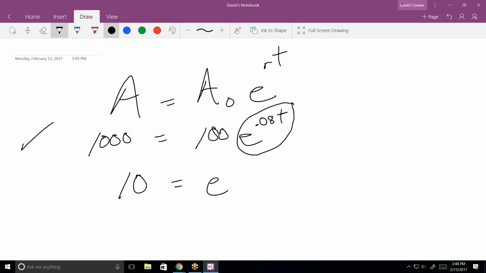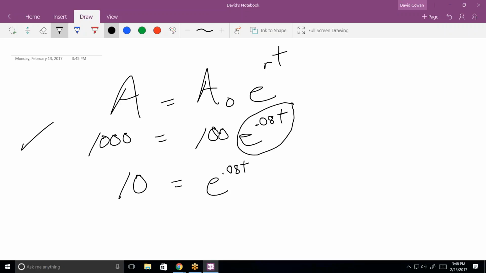And now I have to solve this problem. How do I do it? Turn it into a log. Well, you don't really turn it into a log. That's not the proper way of thinking about it. The proper way of thinking about it is you're going to take the log of both sides.